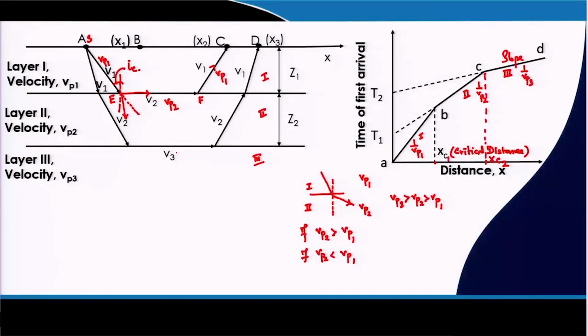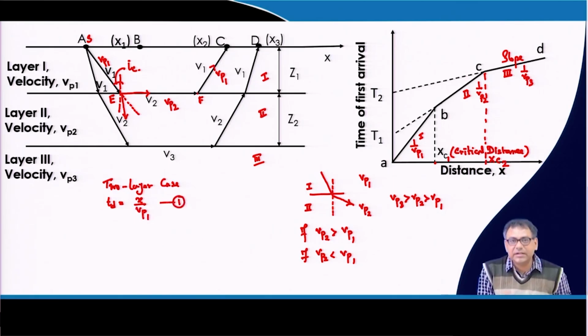Okay. So, now the equation that I am giving is for the two layer case. For the two layer case, your TD expression is x by Vp1, where x is the distance from the source to the geophone.